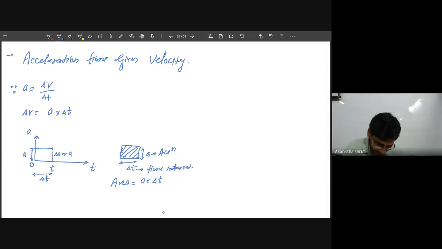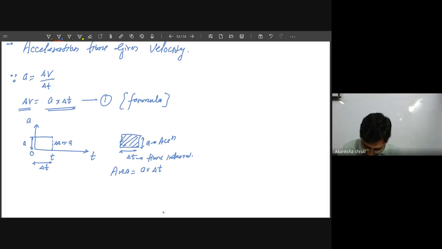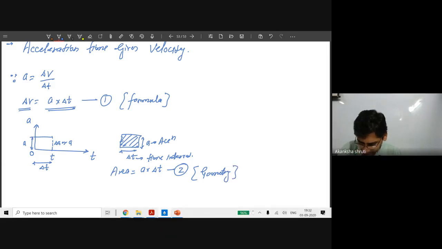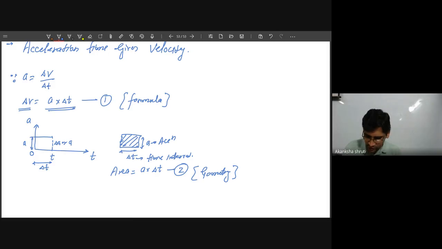A student, if we compare, from the formula, when the formula is rearranged, we get delta V given by A delta T. This is from geometry. From geometry we have learned that area, or mensuration, is basically calculated by multiplying the two sides.